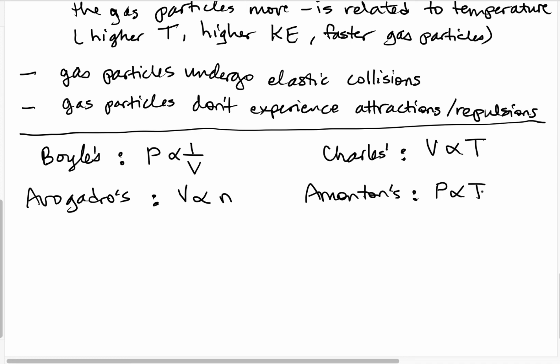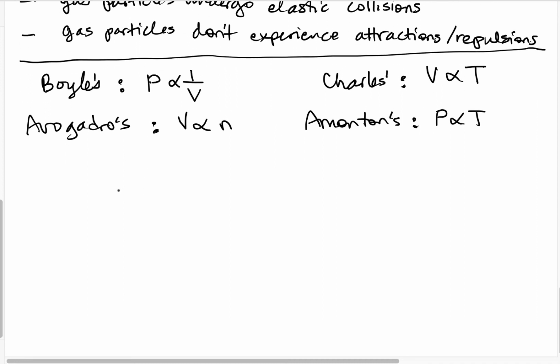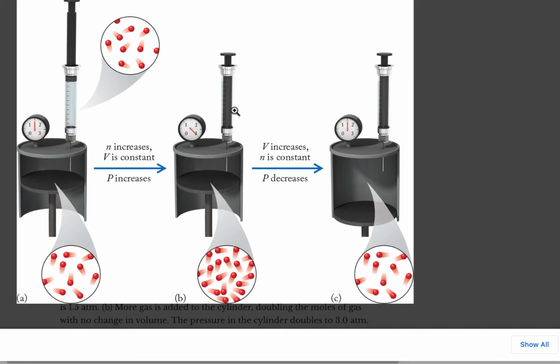So Boyle's law says that if we squeeze our particles together and give them less space, the pressure goes up. Actually, we've got a good visual. Let me grab it. Okay, this is one of our figures from the book. Here's our initial state on the left: we have a certain amount of pressure, here's the gauge, we have a certain amount of volume, and a certain number of particles.